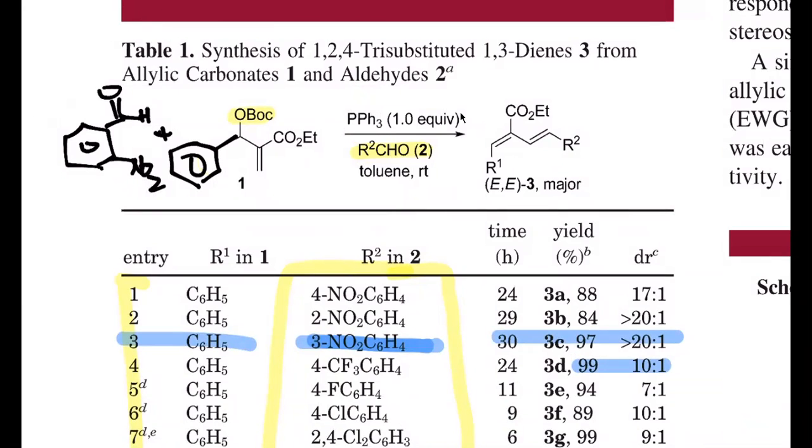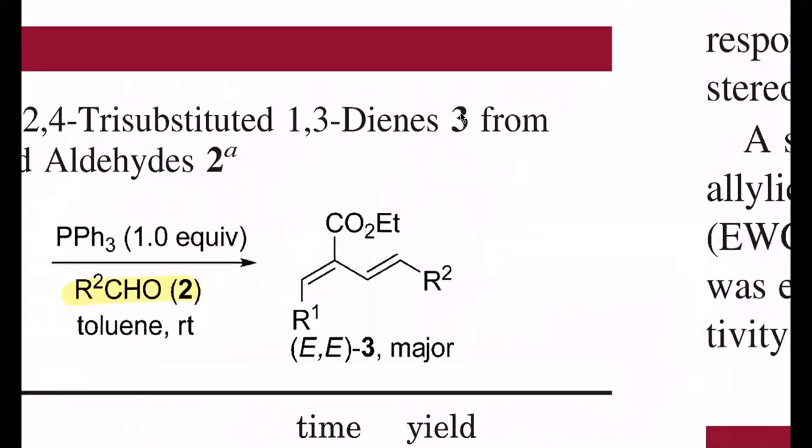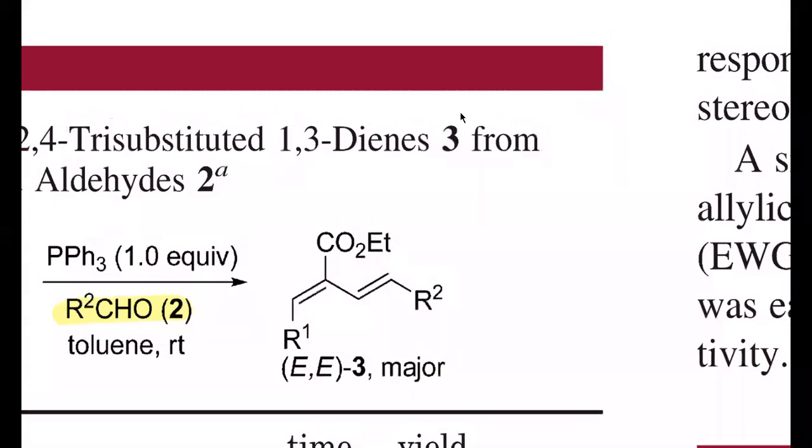Right, so R2 over here is going to be here. And then, of course, R1 is the benzene, just a plain benzene ring.